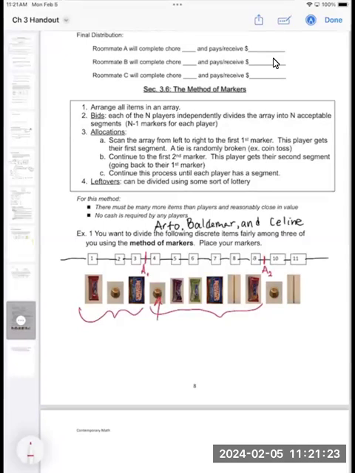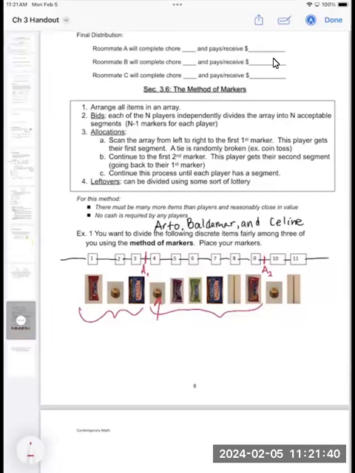And then you don't put a third marker really, because to cut this string into 3 equal parts, you only would put 2, you'd only make 2 cuts.